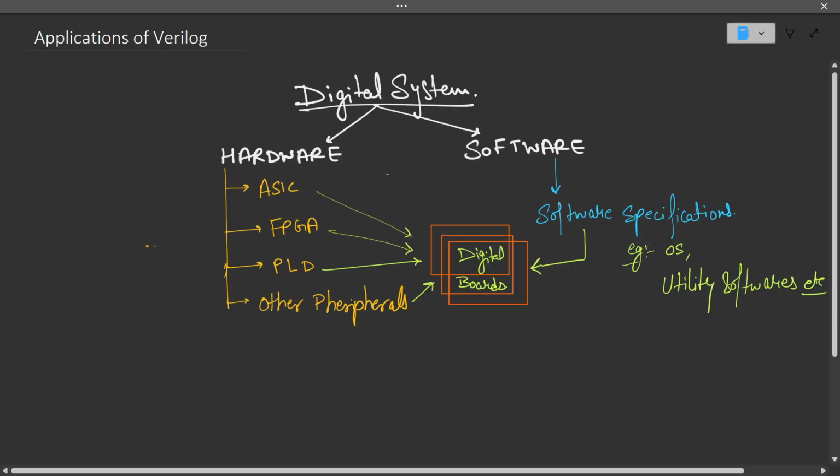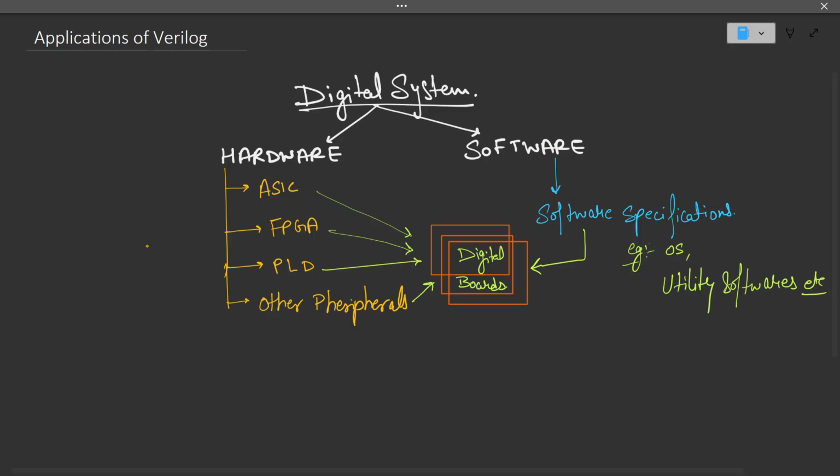So the application of Verilog over here is, as you might have understood, to design digital circuits, but actually how? On the backend, for example, let us say we have a digital system. When I say digital system, we can have your PCs, your laptops. This laptop will contain a motherboard or a PCB board.